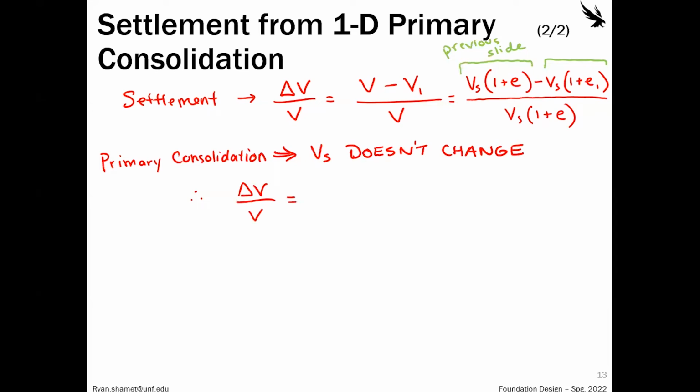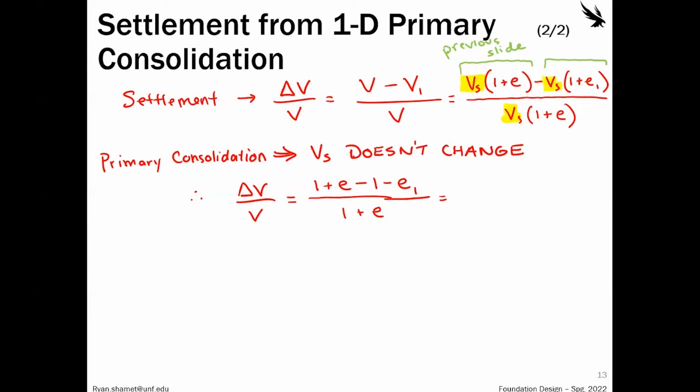is equal to, if we factor the Vs out, I can just do it real quick, what we'd see is 1 plus e minus 1 minus e1, because what we're doing is taking these out and factoring that, all divided by 1 plus e.